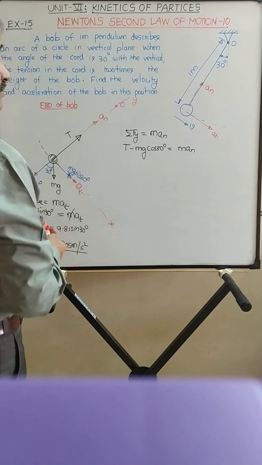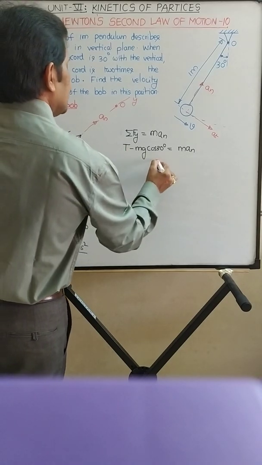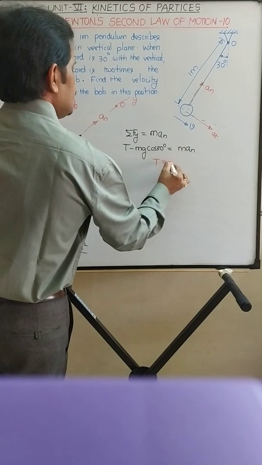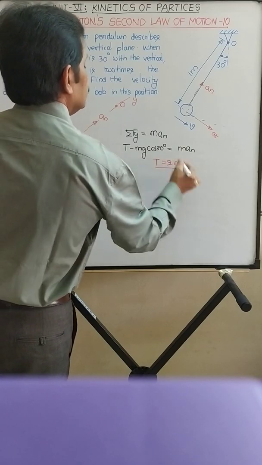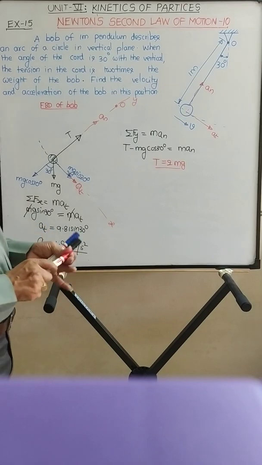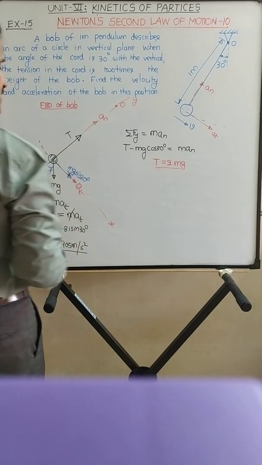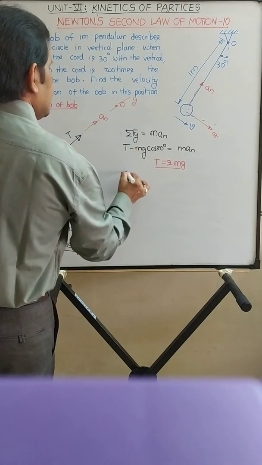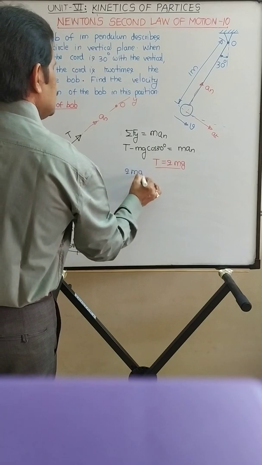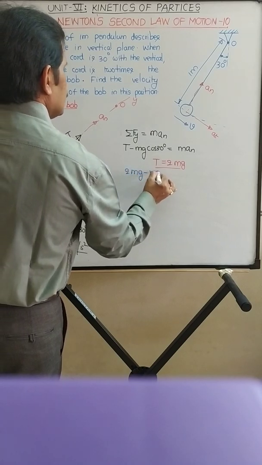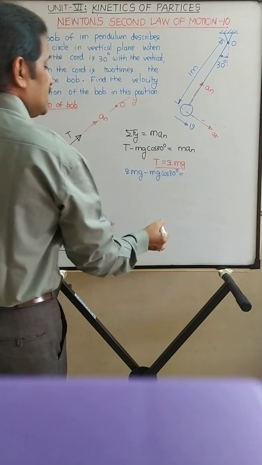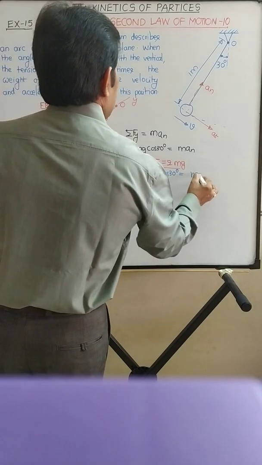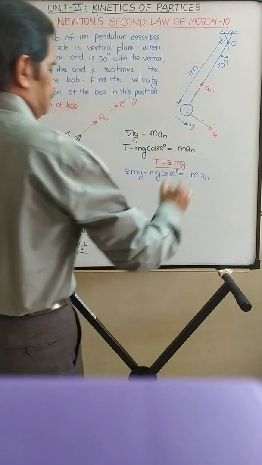But it is given that the tension in the cord is 2 times the weight of the bob in this position. T is equal to 2 mg. So replacing T with 2 mg, 2 mg minus mg cos 30 is equal to m a_n.